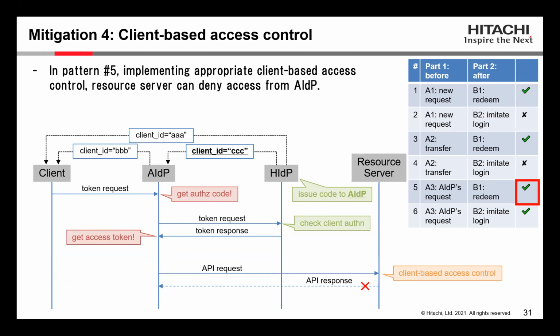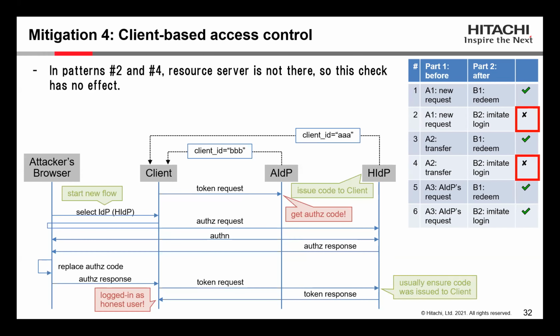In pattern 5, the resource server can detect the attack by client-based access control. In this pattern, it doesn't matter whether the client is identified with AZP claim or CNF claim because both claims contain AIDP's information. The resource server can judge the API request is coming from AIDP, so doesn't send an API response.